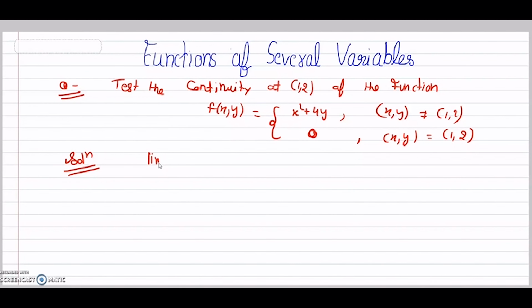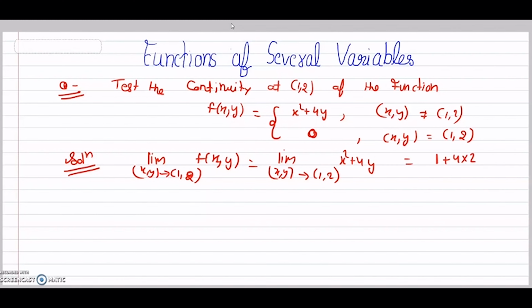So limit (x,y) tends to (1,2) of f(x,y) is equal to limit (x,y) tends to (1,2) of x square plus 4y is equal to 1 plus 4 into 2.